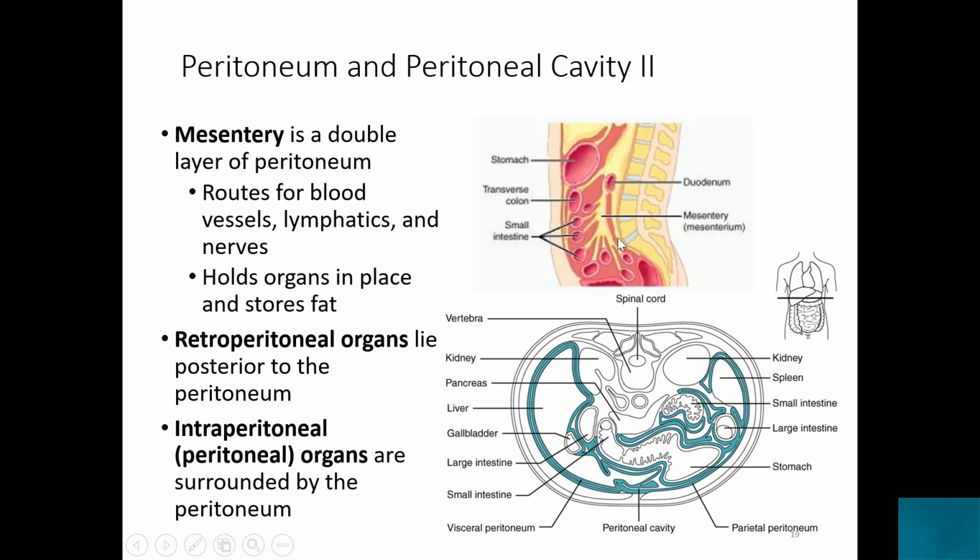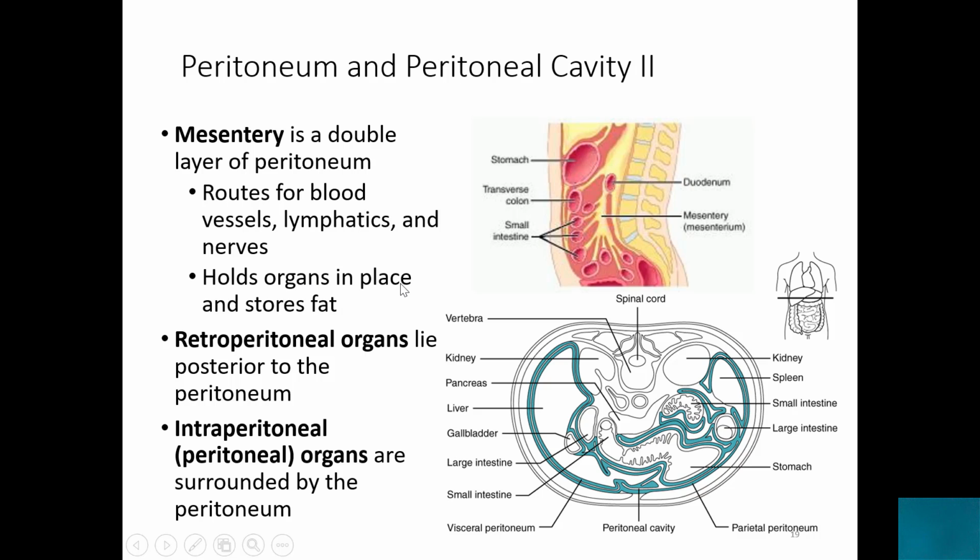Now, the next term is mesentery, a double layer of visceral peritoneum that surrounds parts of the small intestine right here, or the stomach on both sides, and in some places those two layers of visceral peritoneum just get together, and between those two layers there would be blood vessels, lymphatic vessels, and nerves. That's what is called mesentery.